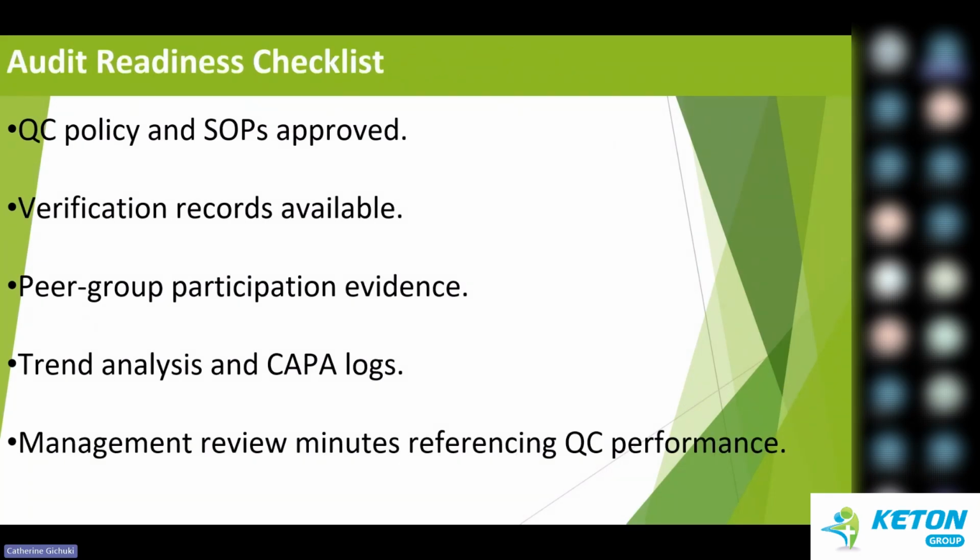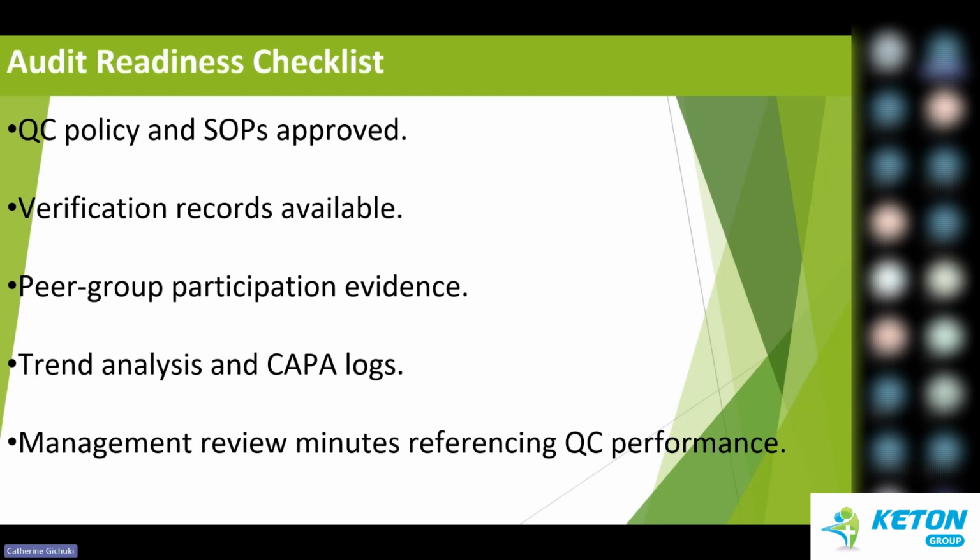Then audit readiness. What the auditors will expect to see as evidence is the QC policy and SOP, approved, of course. You have to have these approved and trained on. There's nothing that you'll tell an auditor that you're doing that is not documented. Then the verification records must be available.